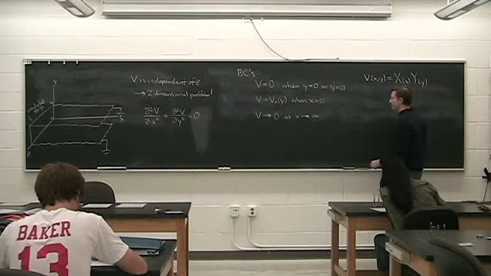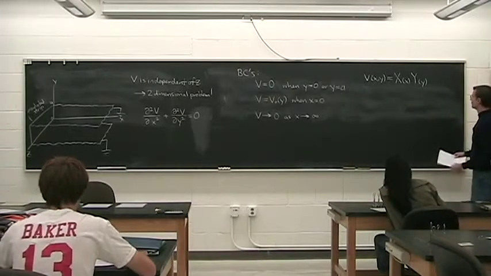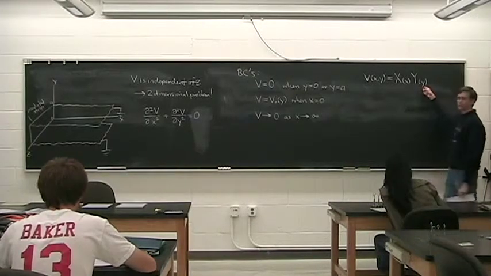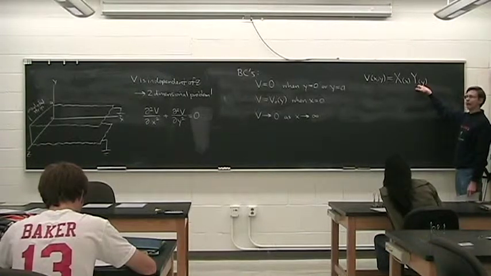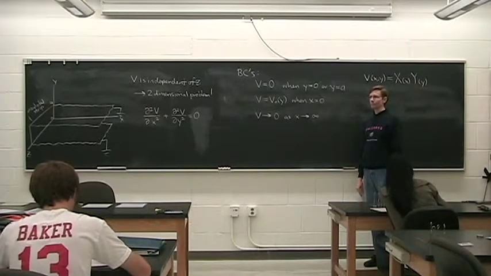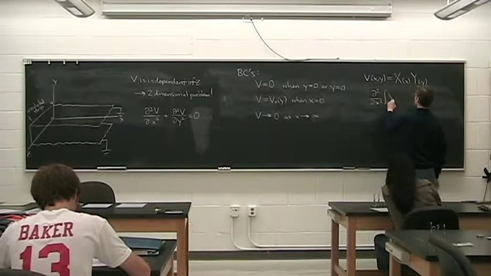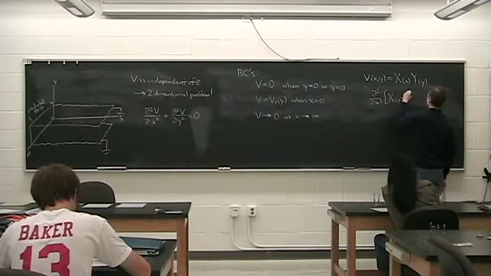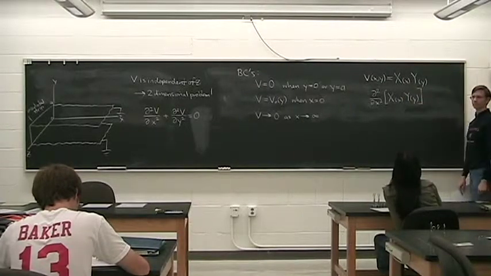So if I take the second partial of this function with respect to x, then what happens to y in that case? In other words, if I want to take the second partial with respect to x of the quantity, X is a function of x, Y is a function of y, what does that become?